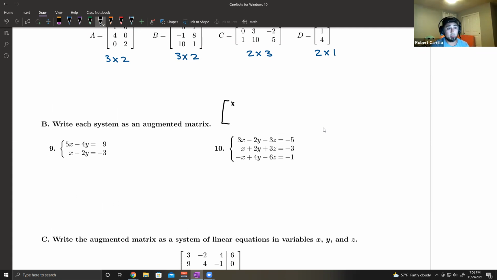The first column would always be for x's. The second column would always be for y's. The third column, if you're given the variable of z, would be for z. And the last column would be for your constant, which is just the numbers by themselves.